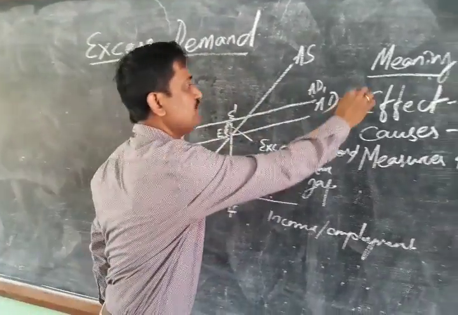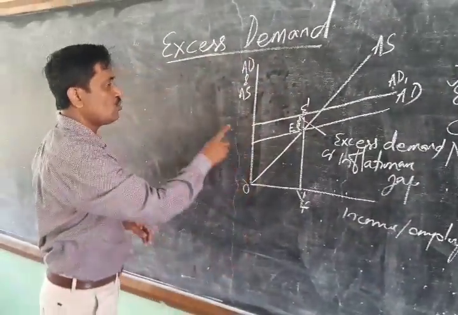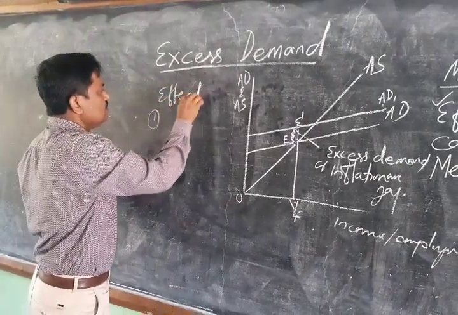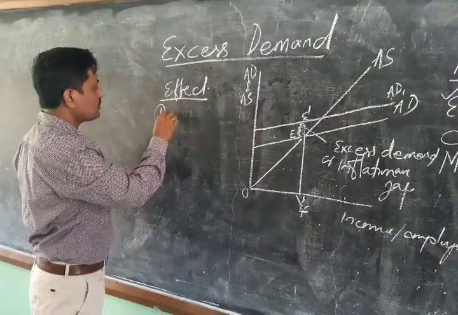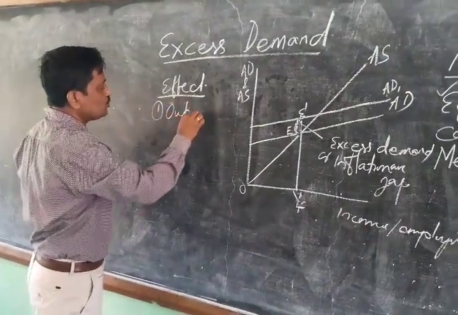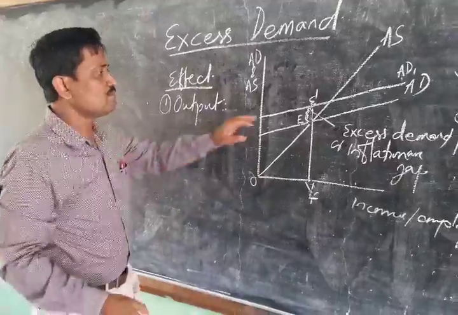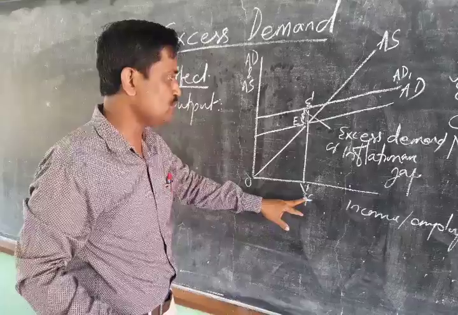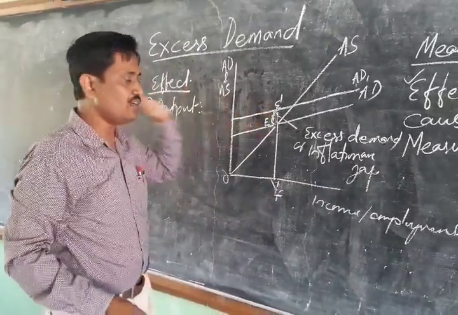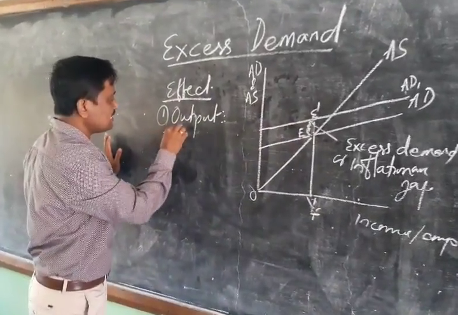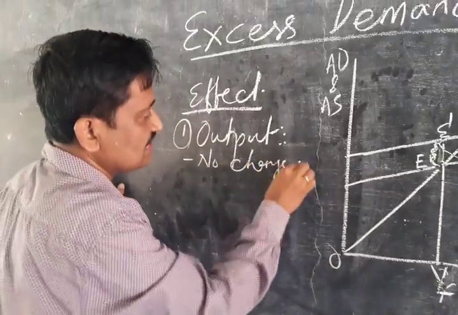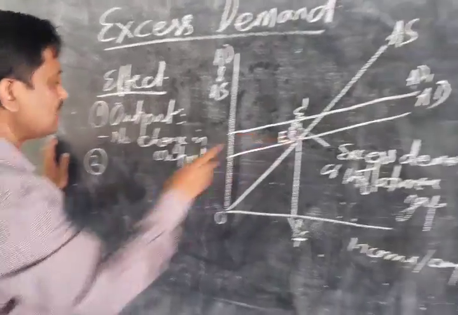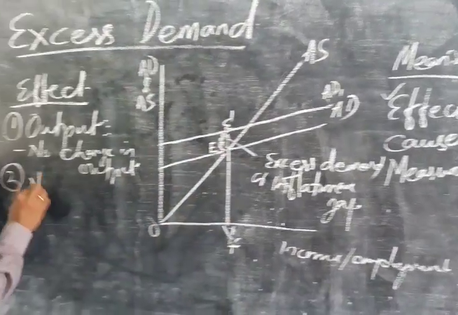Now come to the effects. So when an inflationary gap occurs, what are its effects? The effects can be judged from output levels. In the excess demand situation, the economy has already achieved full employment levels, so output will never increase, meaning no change in output. Second, if you talk about employment, there is also no change in employment.